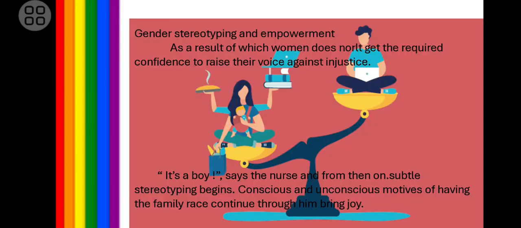And then gender stereotyping and empowerment. As a result, women do not get the required confidence to raise their voice against injustice. Stereotyping begins at an early stage, with conscious and unconscious motives within the family.